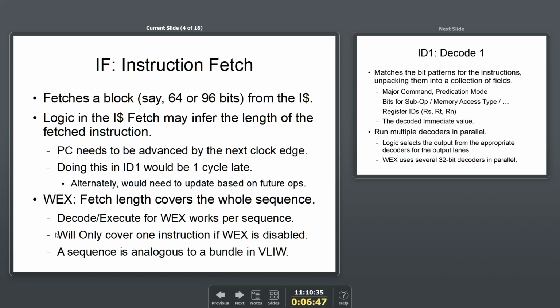This will only cover one instruction if WEX is disabled. This is what would happen in scalar mode, or this would behave more like it would in scalar mode. In this case, the WEX hints are more or less ignored.